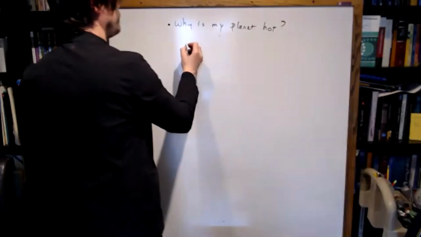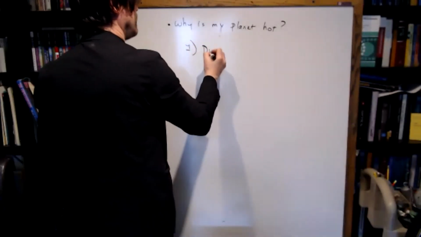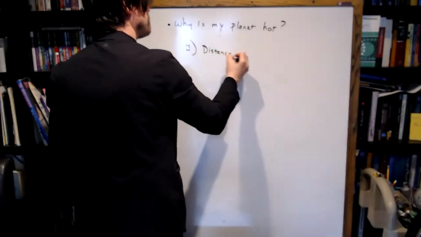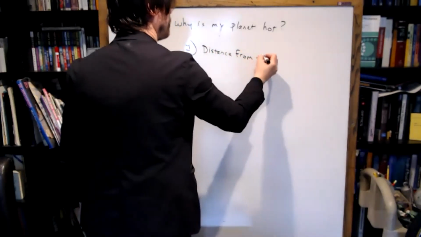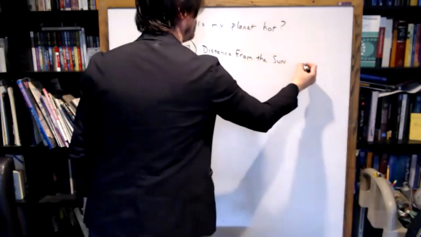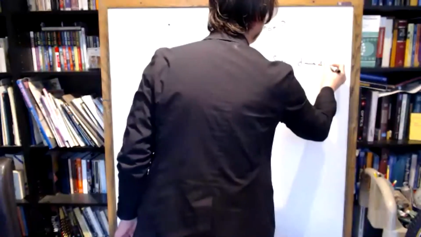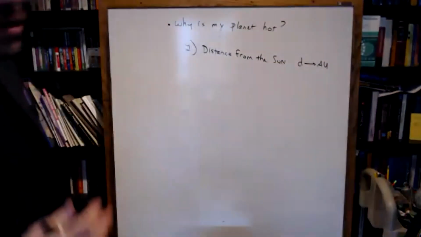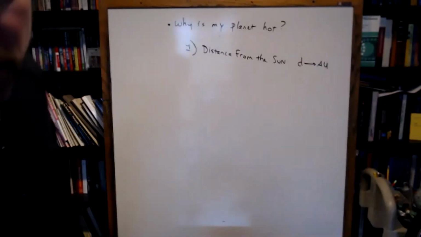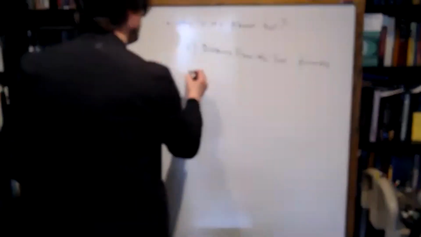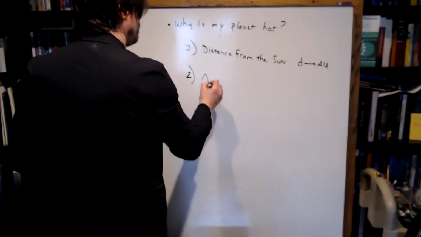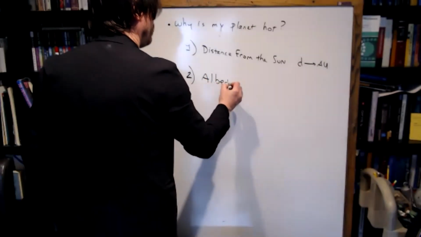There are three things. The first is your distance from the sun. And we're going to be measuring this distance in astronomical units in the upcoming equation. The closer you are to the sun, the more radiation you absorb. The second thing that affects how hot you are is something called your albedo.